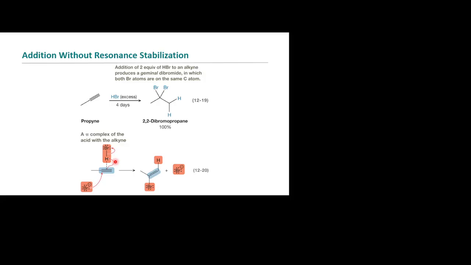And then what it's going to do then is when this comes along and interrupts that energy balance, this is actually going to give its electrons here and allow the electrons to release onto the hydrogen, and then allow these to come up. It still ends up being the same Markovnikov product, because again, it's still more stable to have positive charge here.